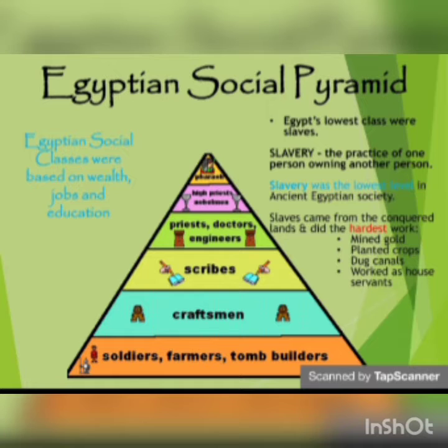And let us see about the Egyptian social pyramid. When we see this Egyptian social pyramid, the first class is the rulers, called the Pharaoh.